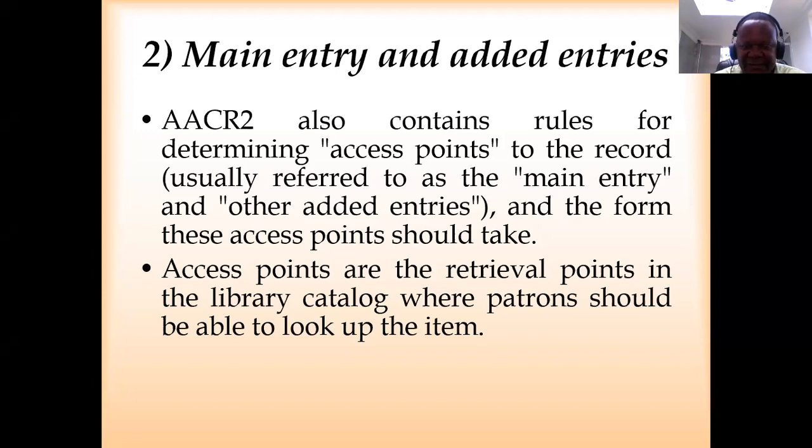And for us to retrieve any document, it is the access points that we used as the headings of those entries that we shall use to retrieve those particular documents.